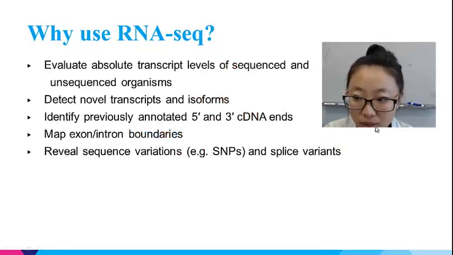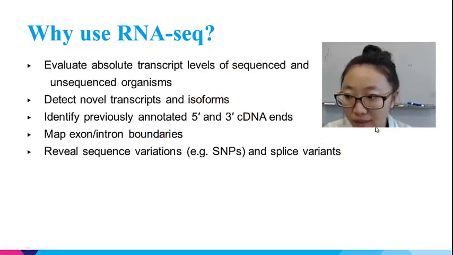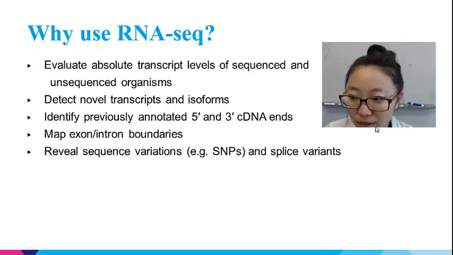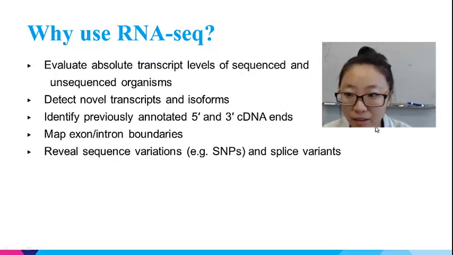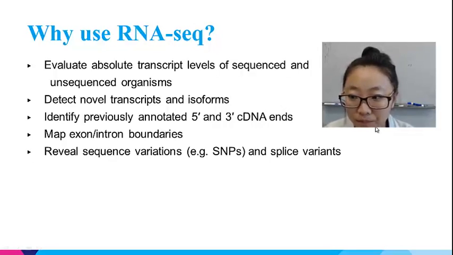Transcriptome sequencing, aka RNA seq, can evaluate absolute transcript levels of sequenced and unsequenced organisms, detect novel transcripts and isoforms, identify previously annotated 5' and 3' cDNA ends, map exon-intron boundaries, reveal sequence variation and splice variants, and many more.